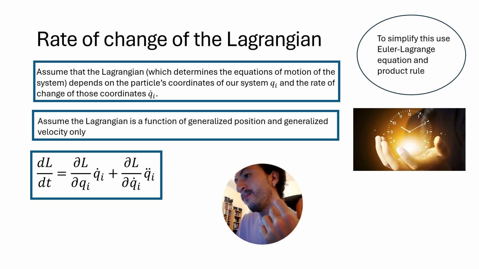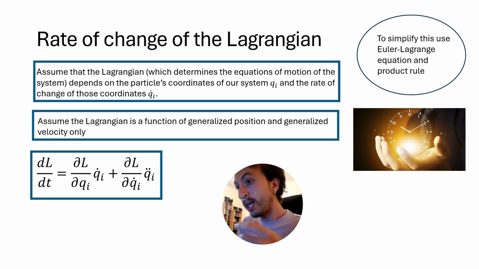In other words, the Euler-Lagrange equation relates how quickly the Lagrangian varies with respect to generalized velocity to how much the Lagrangian changes with respect to generalized position, and therefore it allows us to go between generalized position and generalized velocity very neatly.